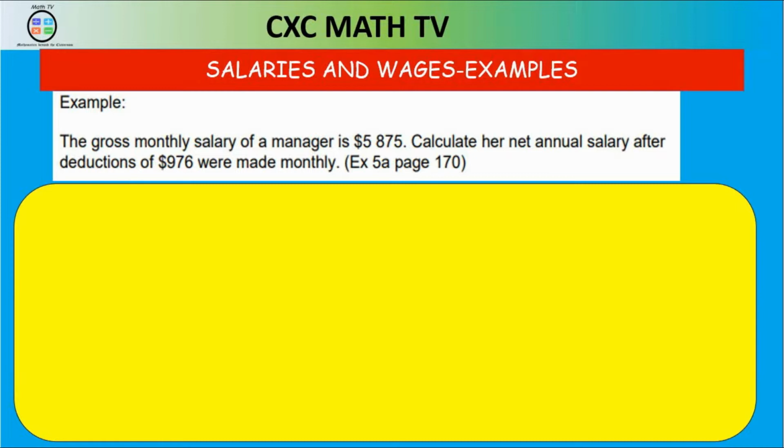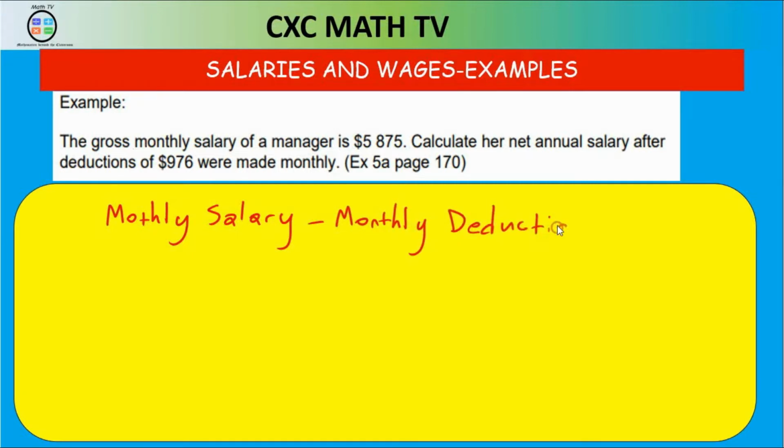The first thing they gave us was her gross monthly salary. So what we can do then is say, okay, the monthly salary minus monthly deduction, that's going to give us her net monthly salary.